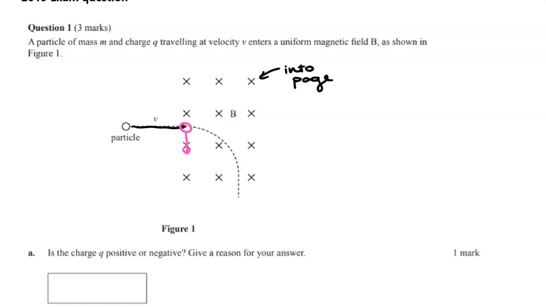The velocity needs to be pointing to the right. Now, doing it as I'm doing, I can see that it's telling me the force should be upwards according to the right-hand slap rule. But that's assuming that we have a positive charge. Because we have the force in the opposite direction, that tells us that we must have a negative charge.